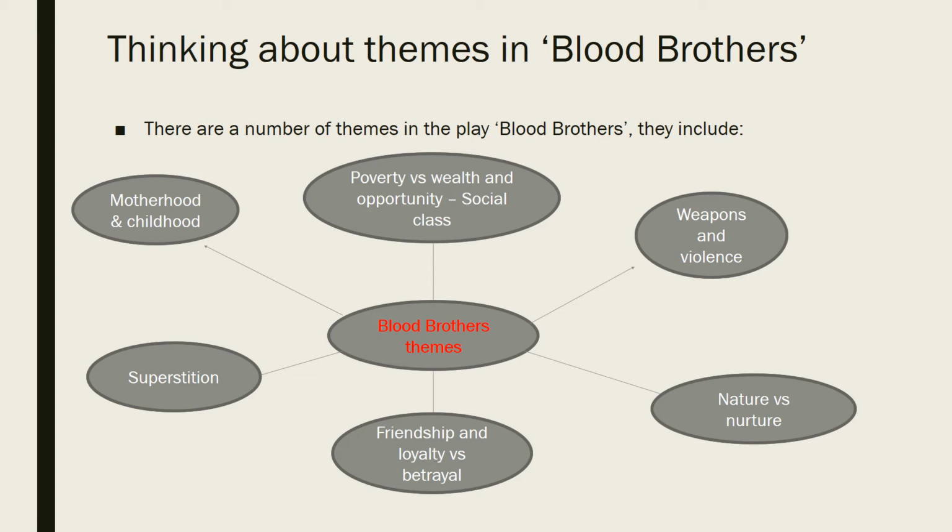Nature is the character that we are born with, and nurture is the idea that how we're brought up changes the person that we are. Friendship and loyalty versus betrayal is another theme. Superstition and motherhood and childhood. So the first theme that we're going to look at is superstition.